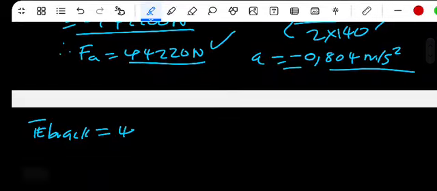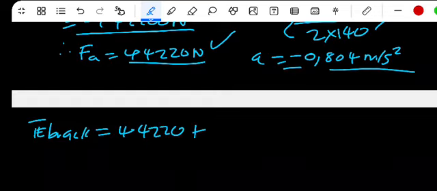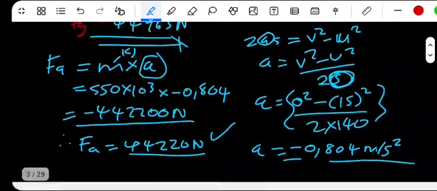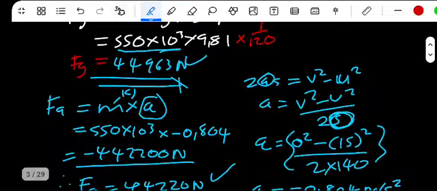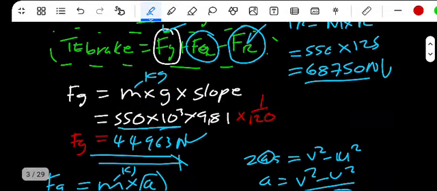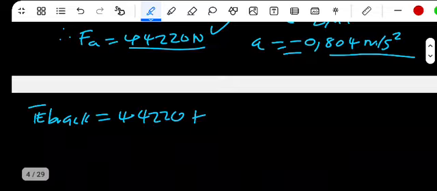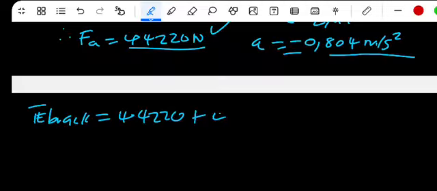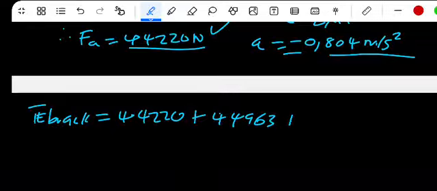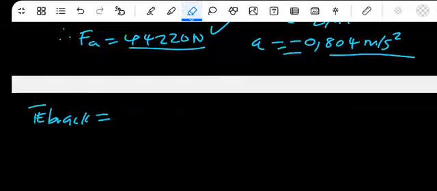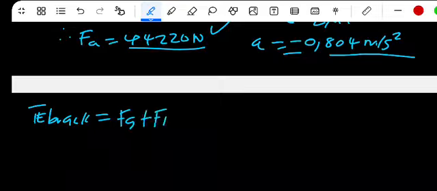It will be 44220 plus the other one, 44963, plus, because now you see, remember I said the reduced thing will go, we have FG plus FR. I've talked about FG.